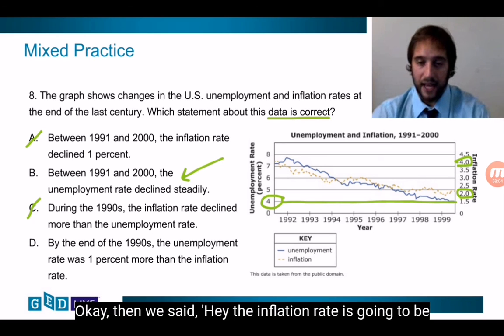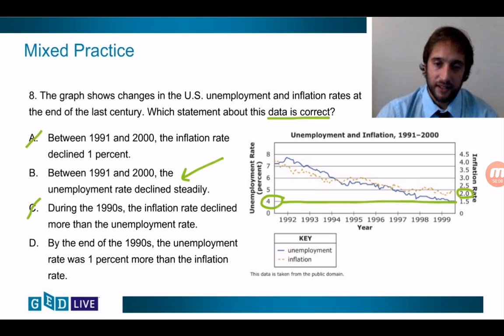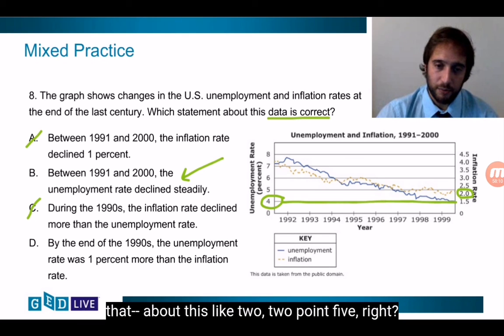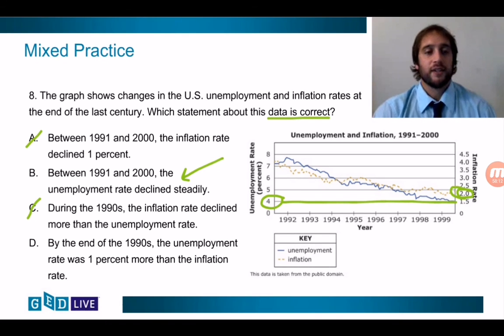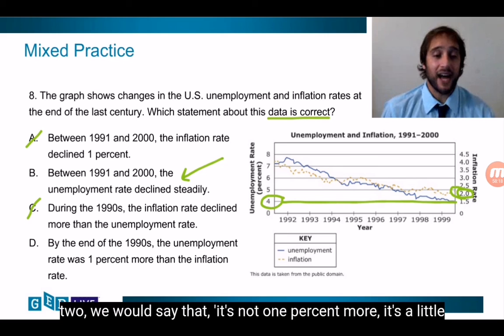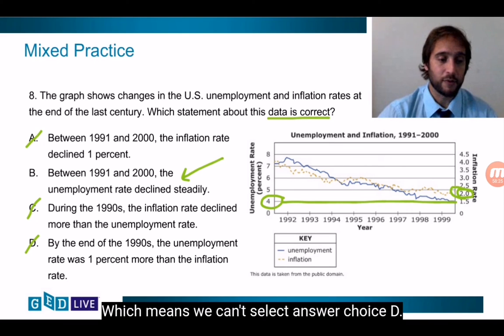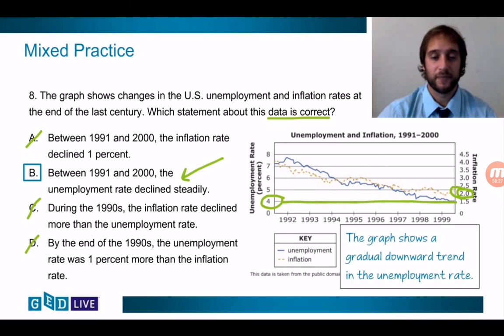Then we said, hey, the inflation rate is going to be about 2.5, right? So if we're looking at 4 to a little bit greater than 2, we would say that it's not 1% more. It's a little bit more than that, right? It's at least about 1.5 again, which means we can't select answer choice D.